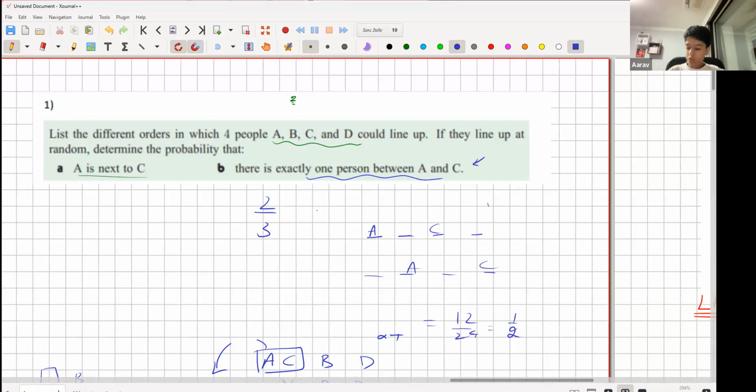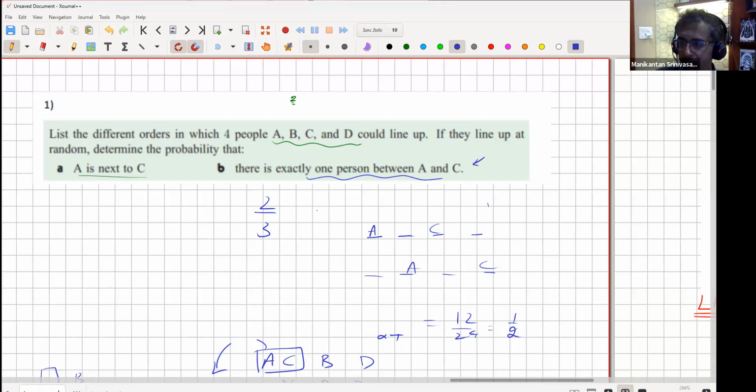So that leaves 2 possibilities. But then A and C can be switched out, arranged as either CA or AC. So that's times 2. And then D and B can be arranged in the remaining spots. Okay, I understood the process. Overall, you got 2 by 3.